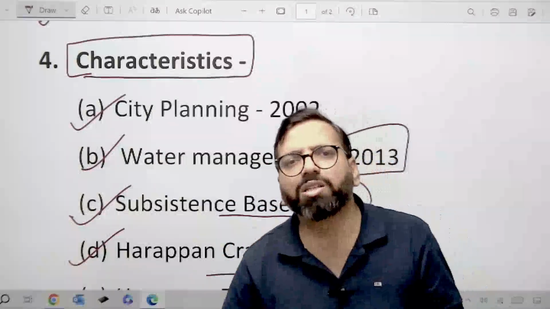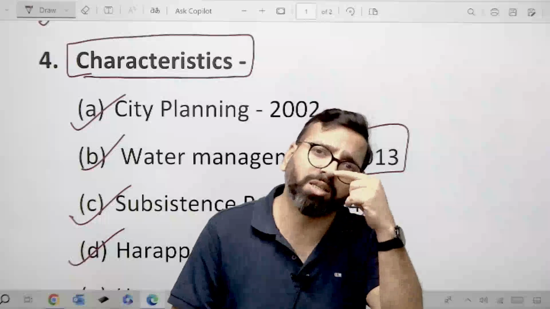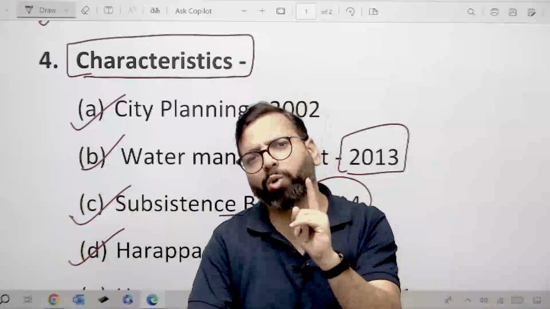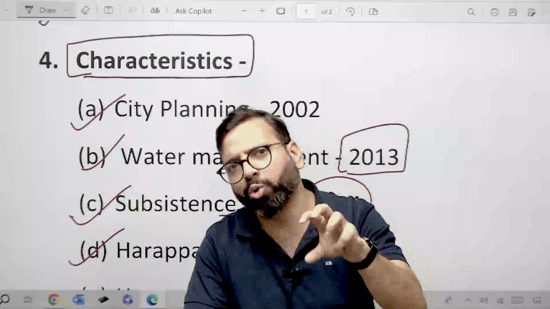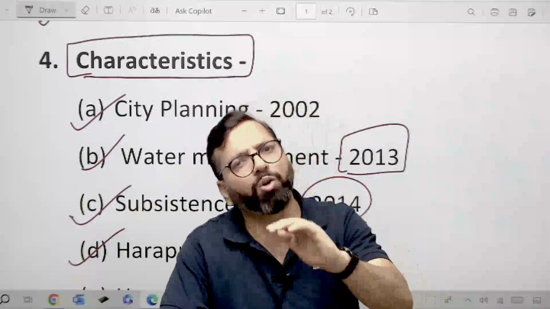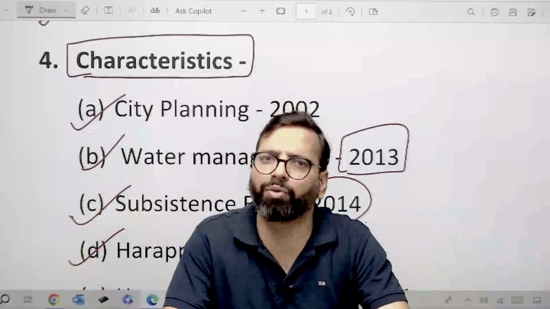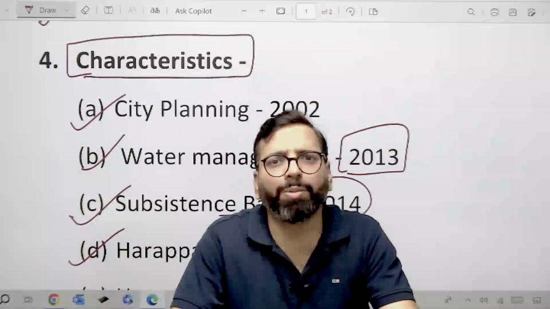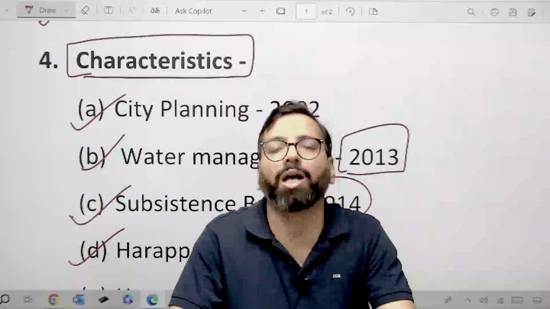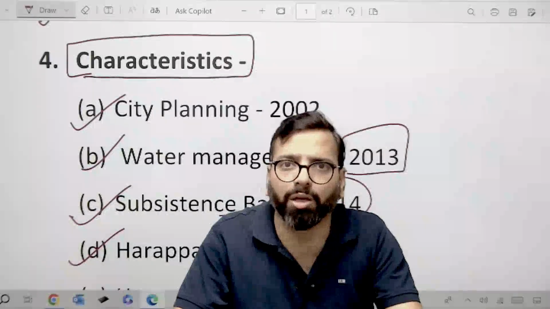If you cover these things holistically, I'm sure, and this is a topic from where UPSC asks at least one question. Question number 2 of Section A of your Paper 1 has a question from IVC, and if you cover these things, you will be able to write a very good answer for that question and score very well.